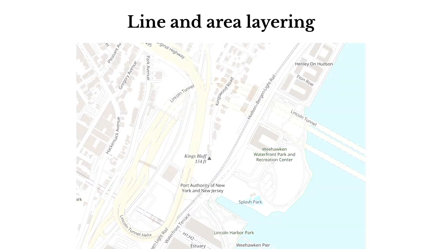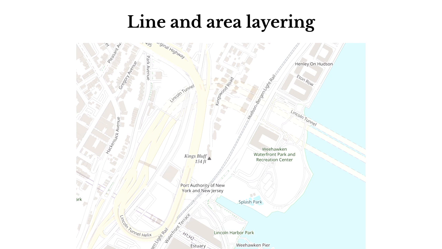And because there's only one layer per geometry type, you can do really rich layering between lines and areas. Say you had 10 different layers in your tiles, and you wanted to support 10 different data layers from OpenStreetMap, say a highway with five layers on top of each other, and maybe there's a building on one of the bridges.